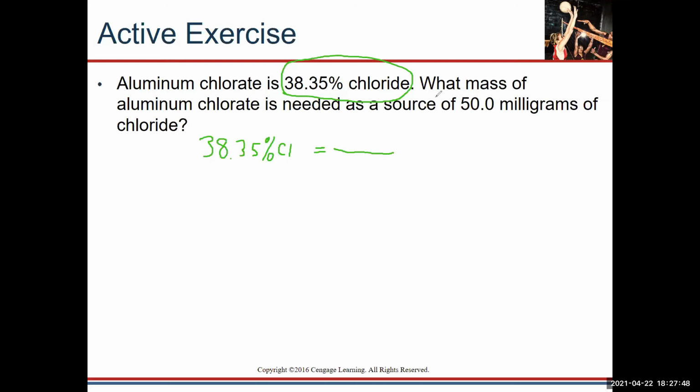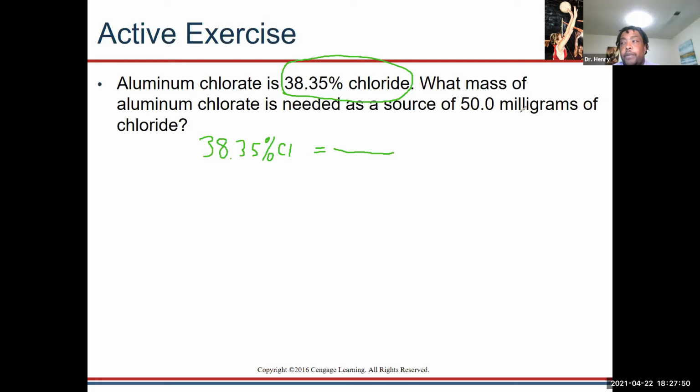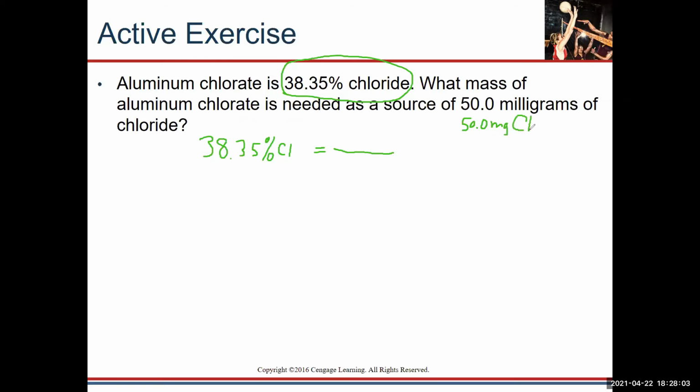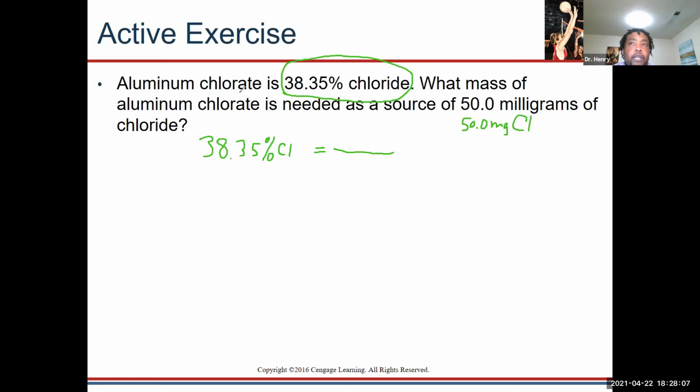50.0 milligrams. Write it out for me. 50.0 milligrams, mg, of chloride. Is that the part or is that the whole? Part. It's the part, because we know that aluminum chlorate looks like what?